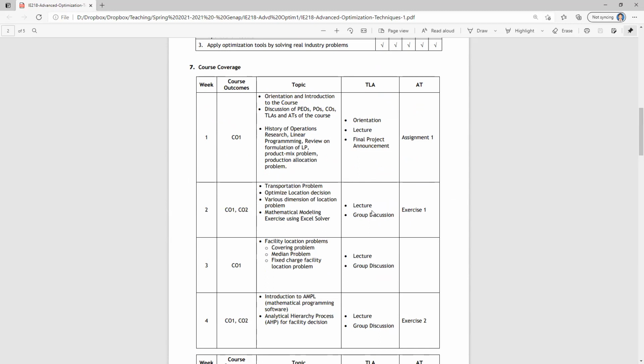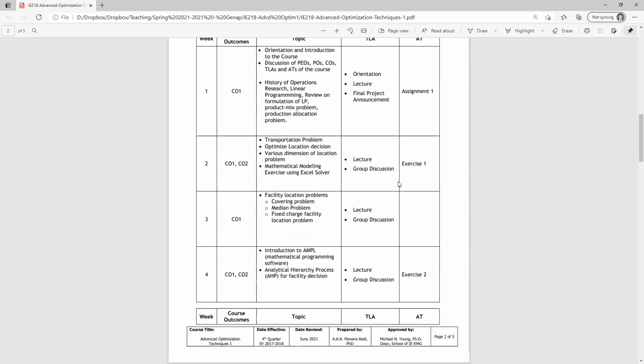We learned several basic things about OR and integer linear programming, and then we move on to how to use tools such as Excel Solver or more advanced mathematical programming tools like AMPL, Gurobi Solver, and Cplex Solver.